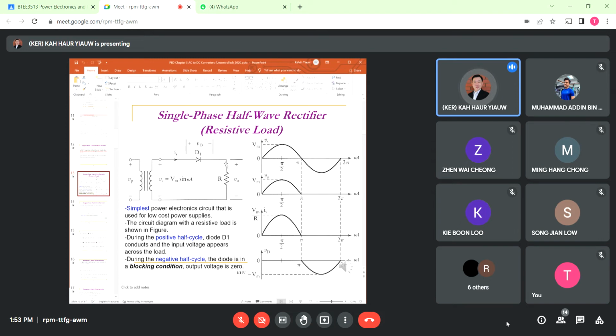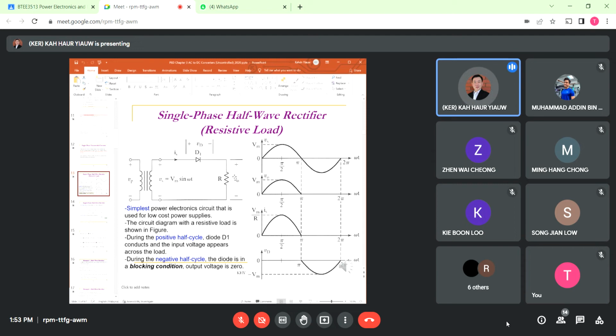So the diode D1 is in forward bias, and there will be a current flowing through D1, then to your resistor R, and then returning to Vs negative. This is your input. We measure your Vs waveform here, so it's a sine wave.